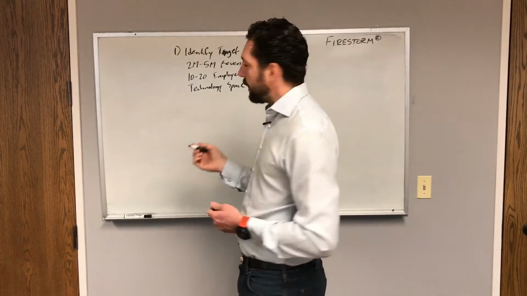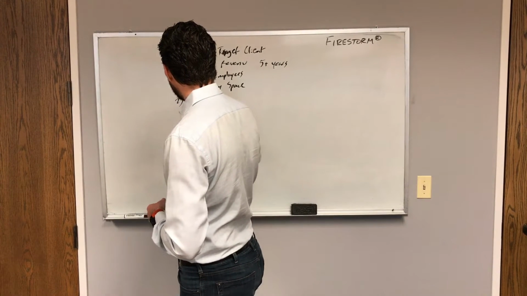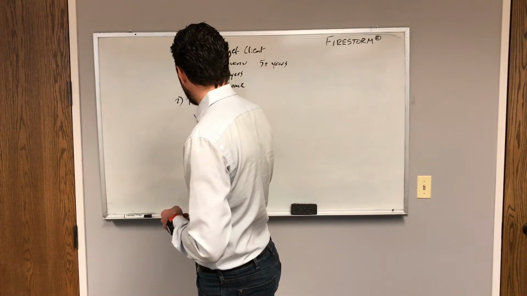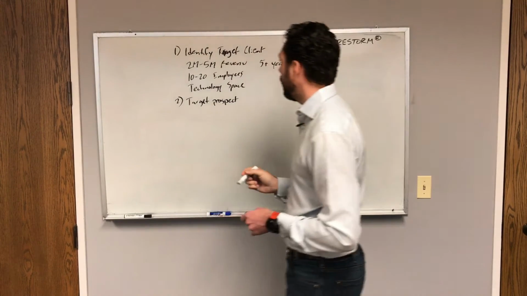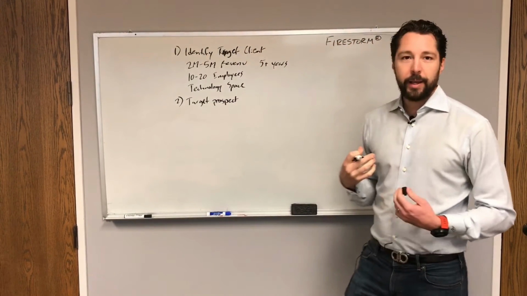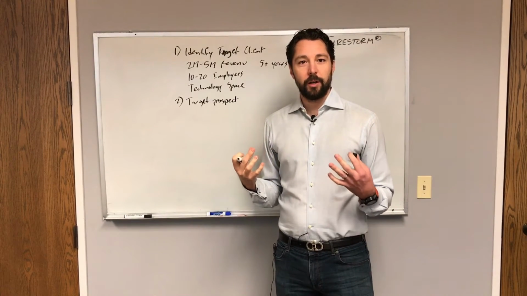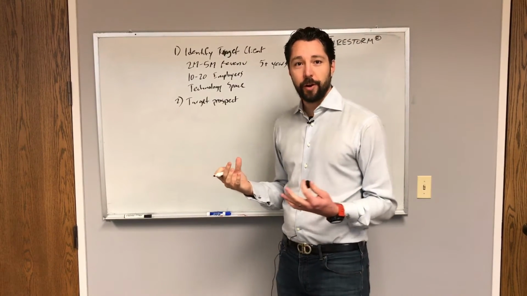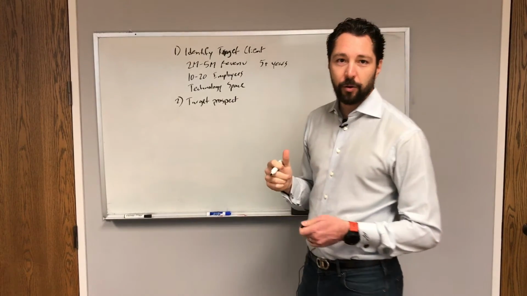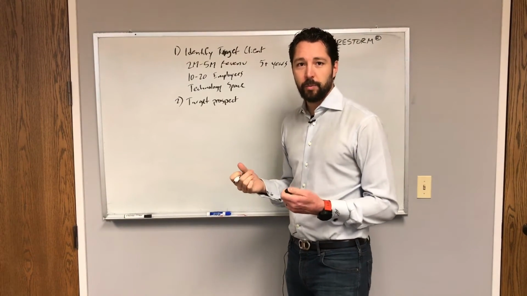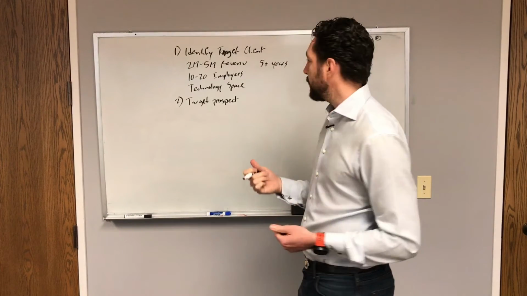All right, the second thing is who's your target prospect within that organization. So for my example here, I'm going to say we're an IT security firm, and the decision maker that I want to talk to is going to be an owner or a president.